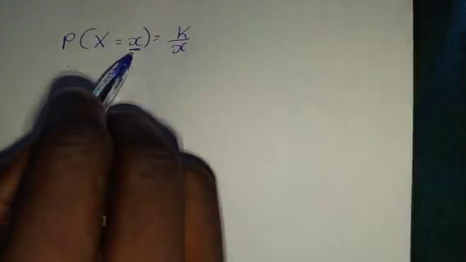But in this case, this time you will use 3, 4, and 5 only. So if you use 3, 4, and 5 only, we will have, remember, this is the probability which we had, which is equal to k over x. So remember, we are starting from 3. So we are replacing 3, 4, and 5 on this x.